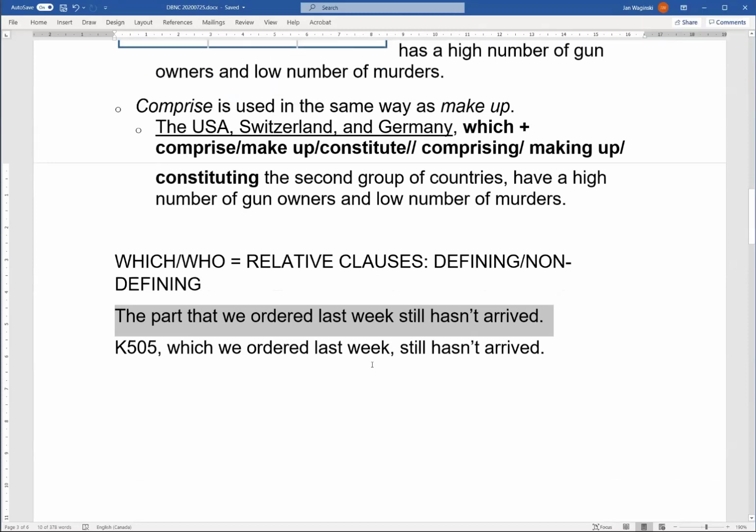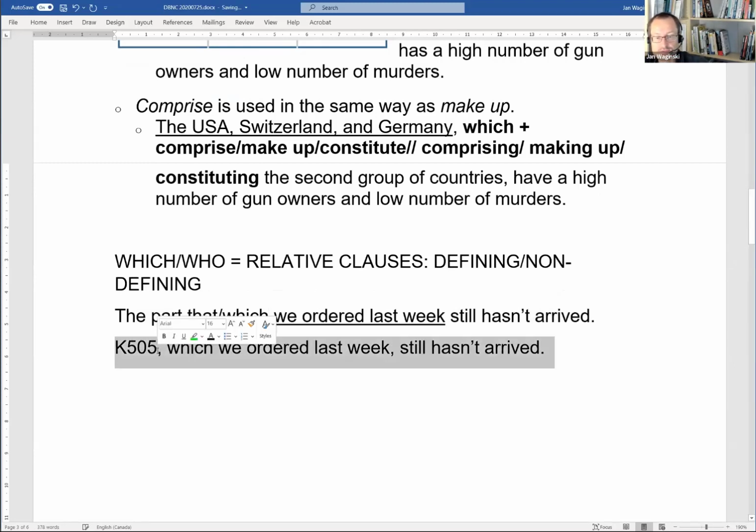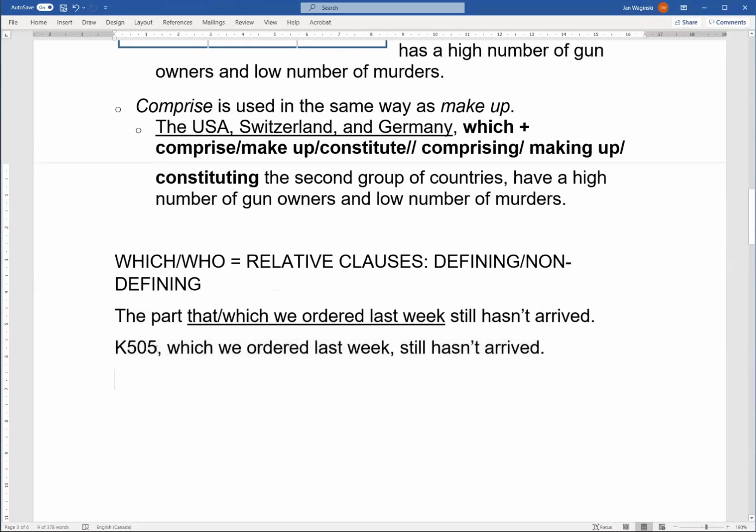We ordered. That we ordered last week. That's the relative clause. In this case, you can use which or that. Notice there are no commas. What's the relative clause in the second sentence? Which we ordered last week. Yep.